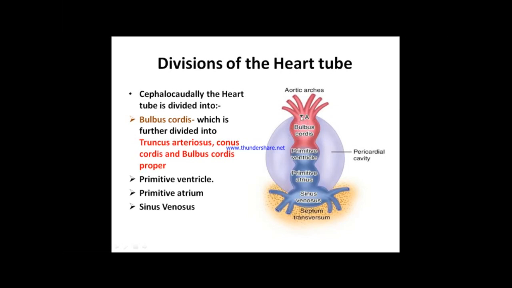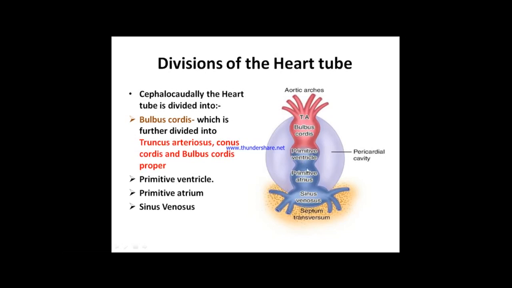The uppermost is called the truncus arteriosus, from which the pulmonary trunk and the aorta develop. Then next we have the conus cordis, from which the outflow tracts of both the ventricles develop. Then we have the bulbus cordis proper, from which the right ventricle develops. And then we have the primitive ventricle, from which the trabeculated part of the left ventricle develops.